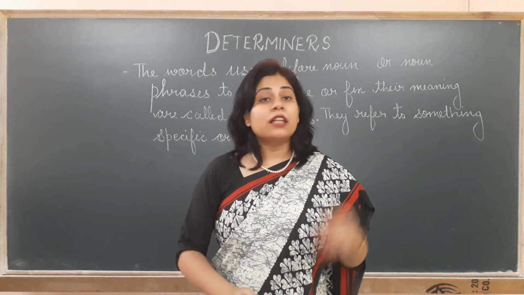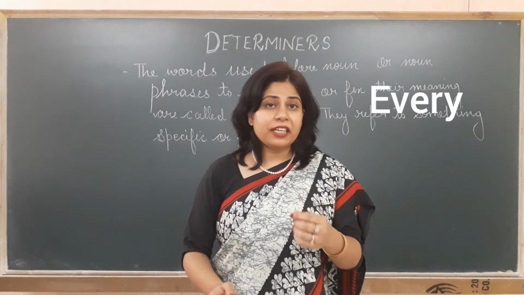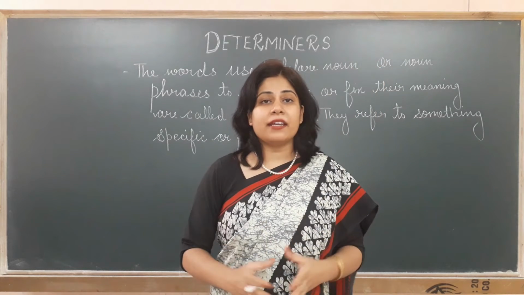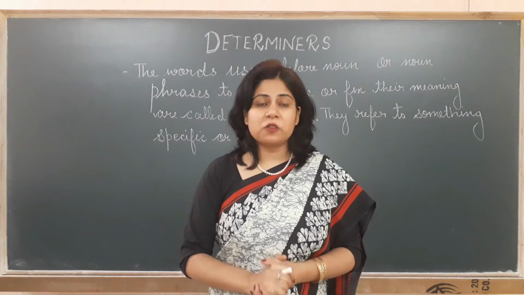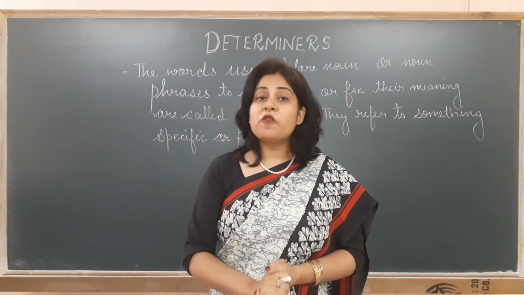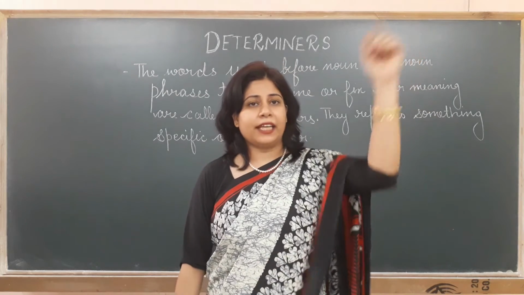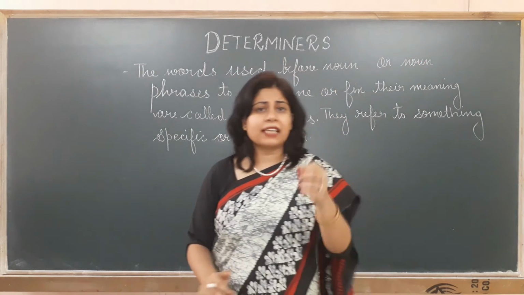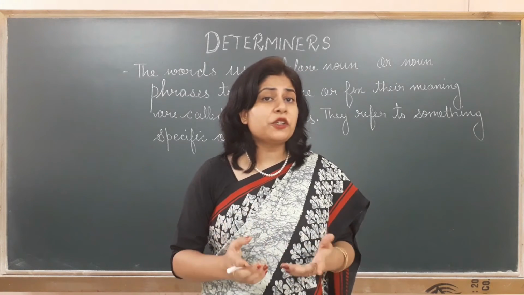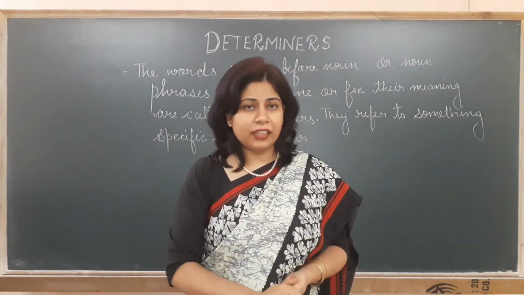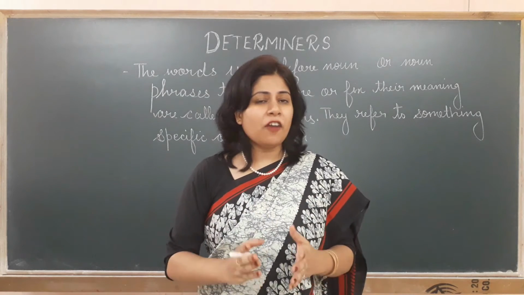The words the, every, that, my are determiners because they are used before nouns to fix their meaning. For example, that tube light. Now the word that is a determiner because it tells us which tube light I'm talking about. That tube light. Fine. So determiners fix the meaning of nouns.